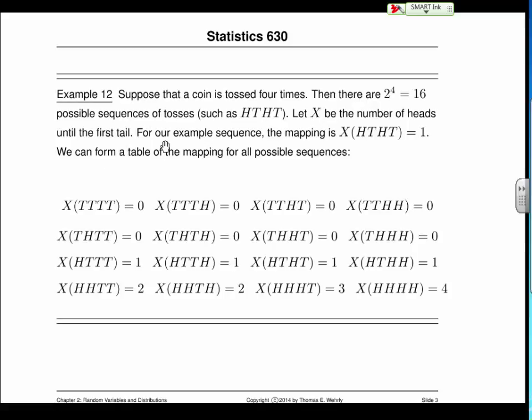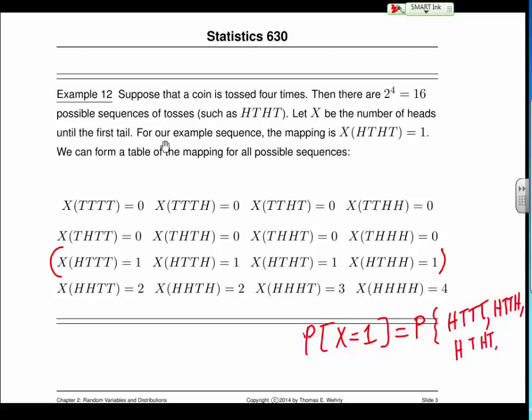Okay, so let's suppose we want to look at x equals 1. So what is the probability that x is equal to 1? Well, it's going to be the probability of the collection of outcomes h, t, t, t; h, t, t, h; h, t, h, t; and h, t, h, h.